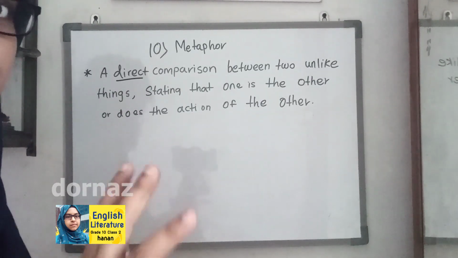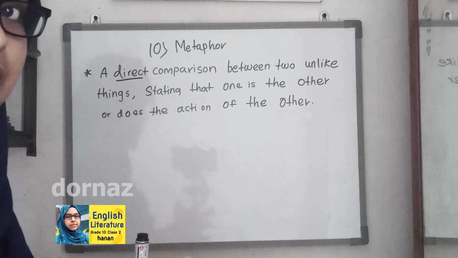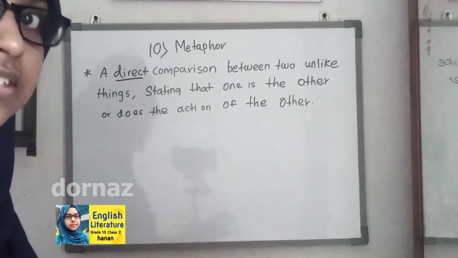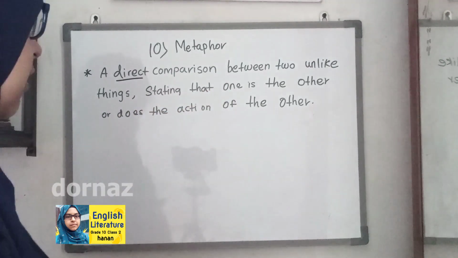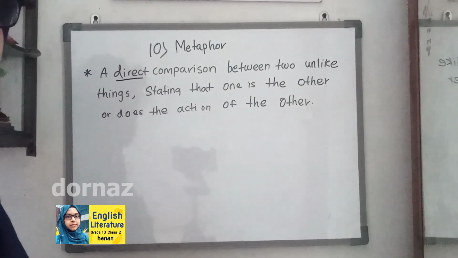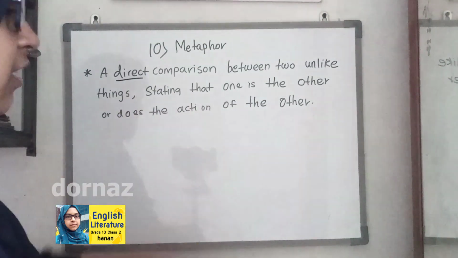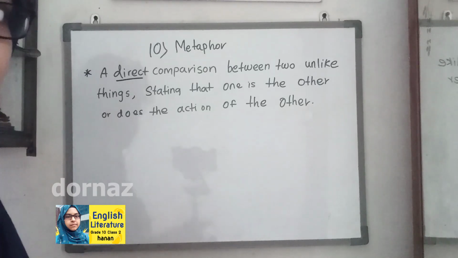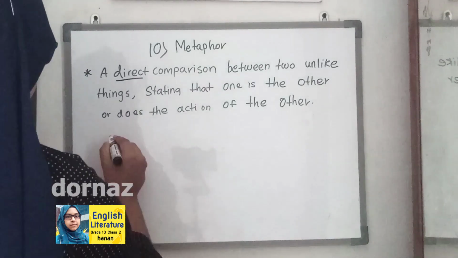Moon is not similar to the face, but we are telling that moon and face are similar, which means her face is moon. One is the other means face is moon. Like that we are going to say. Or does the action of the other. We can say the action of the thing also.